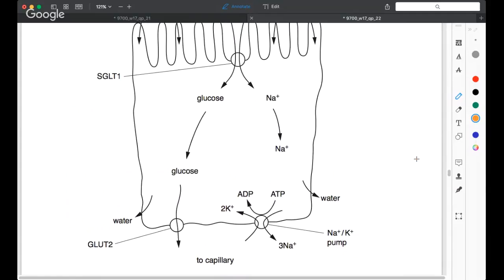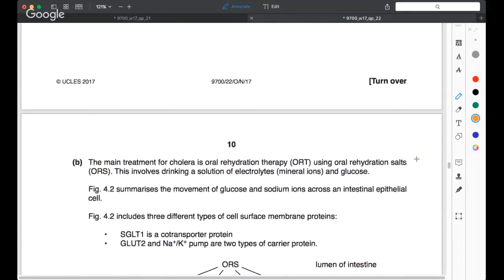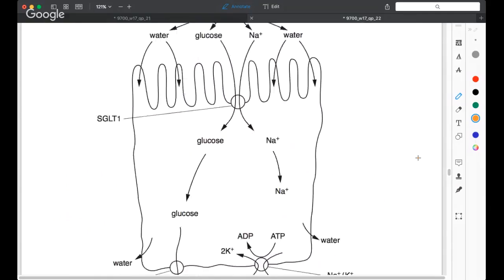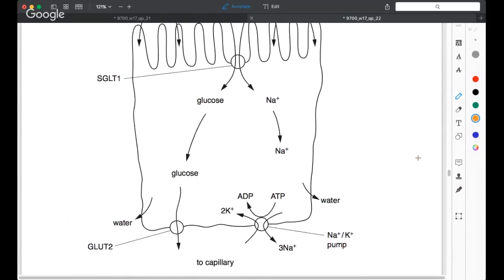So glucose is transported out of the cell by a pump, by active transport, out of the cell into the... Is it active transport?